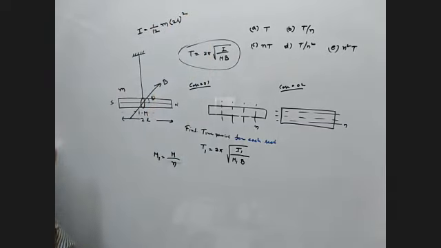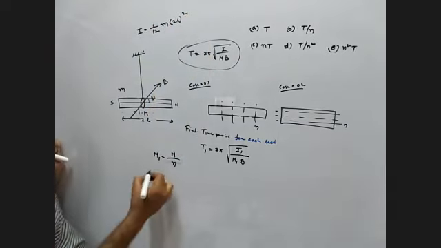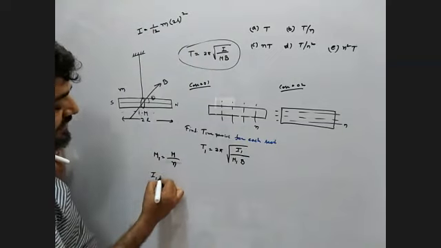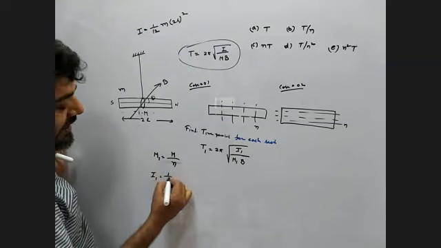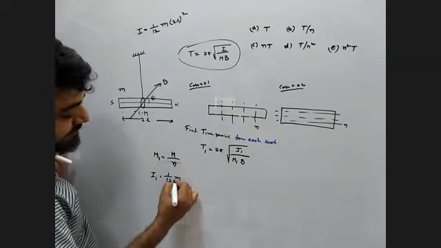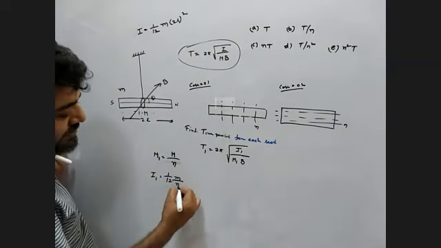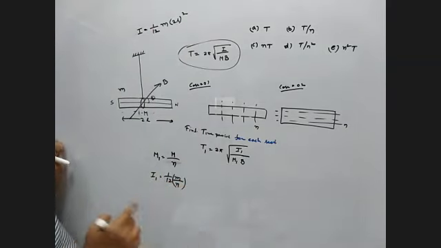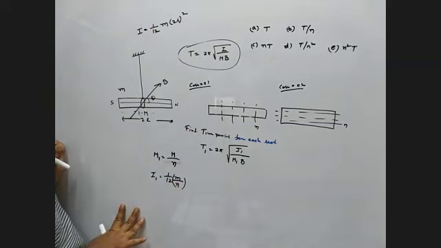Is it clear? ইয়েস স্যার. So my moment of inertia is 1 by 12 M. Now it's N parts, so obviously my mass becomes M by N. Is it clear?